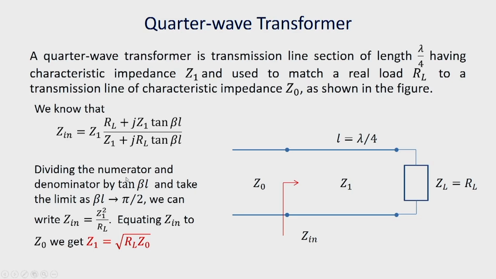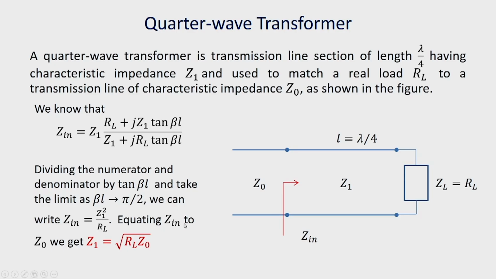Now, we can divide numerator and denominator by tan beta L, and we see that when L becomes lambda by 4, beta L tends to pi by 2, and therefore we are left with Z1 into jZ1 divided by jRL, that means Z1 square by RL.